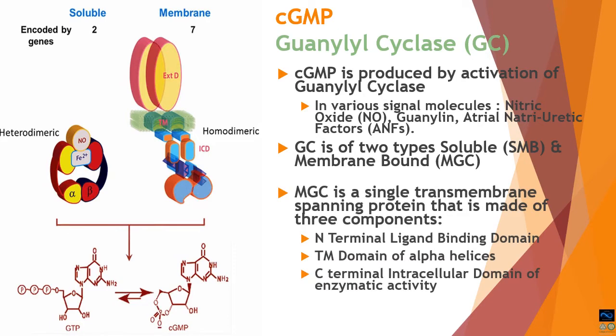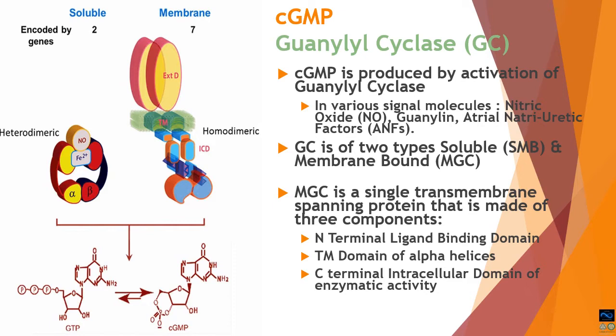But when hormones and ligands are not bound to this membrane bound guanylyl cyclase structure, it is present as a transmembrane single spanning protein which contains three different components.